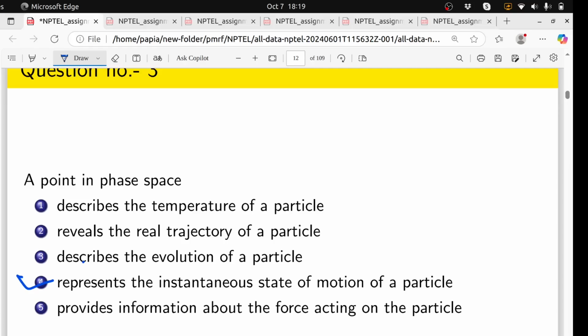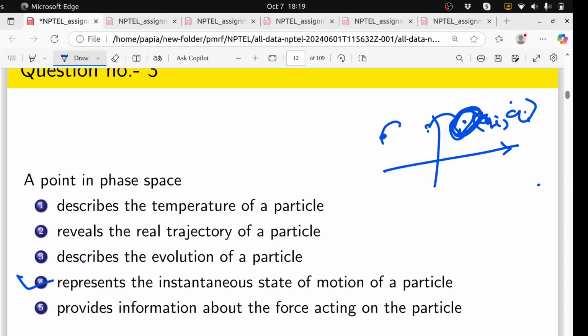So always remember that whenever we are talking about a particle and a point in phase space, let's say q_i and q_i dot, this point is nothing but the motion of the particle at the instant t equals t. Now at t equals t prime, the point is here.